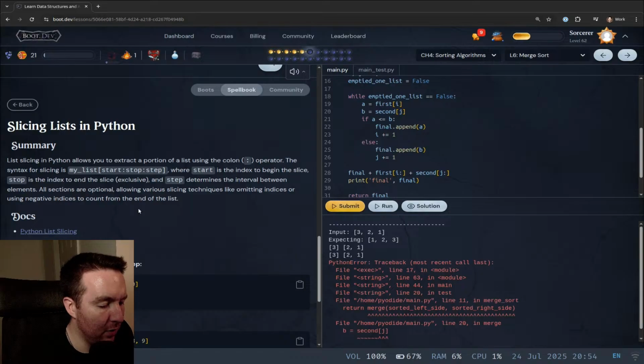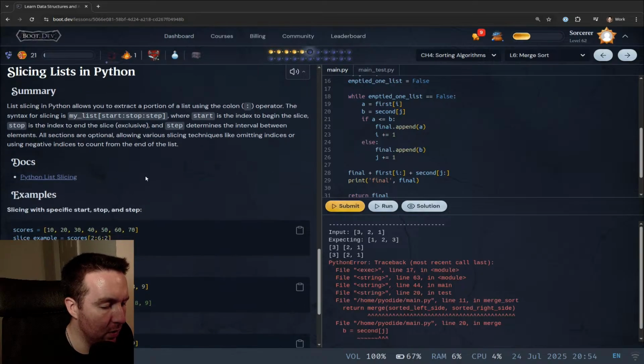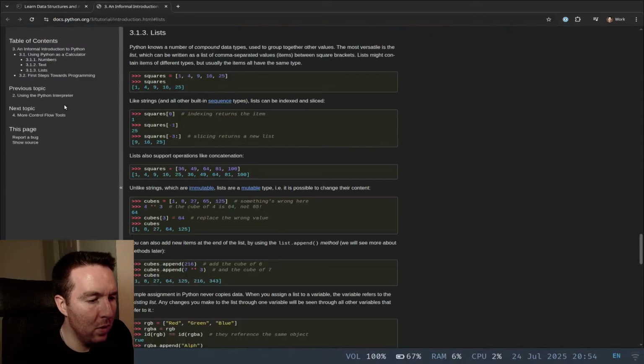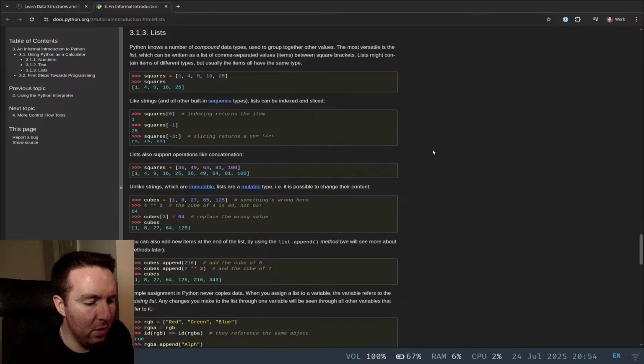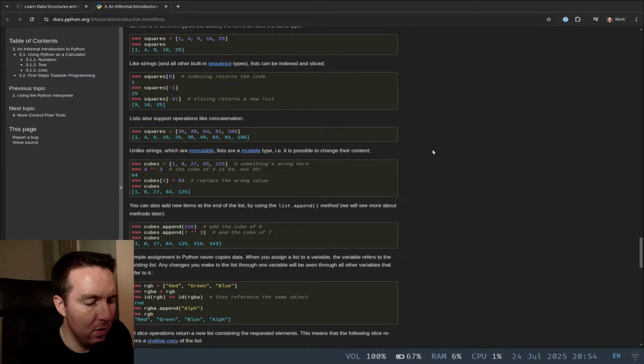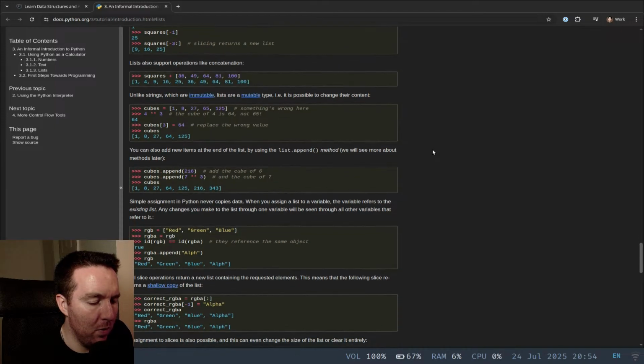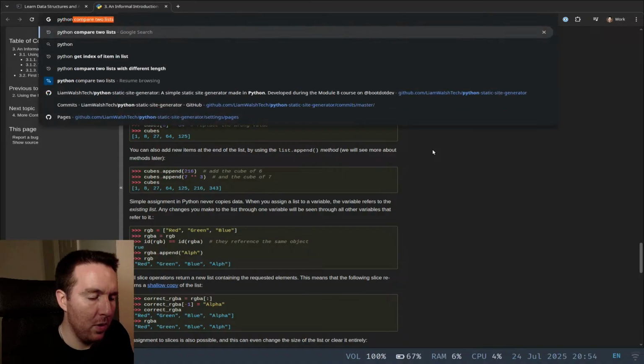The syntax for slicing. Is it also edit the original? Python.